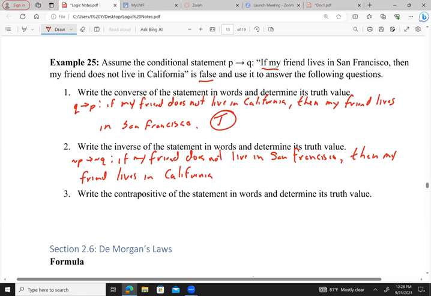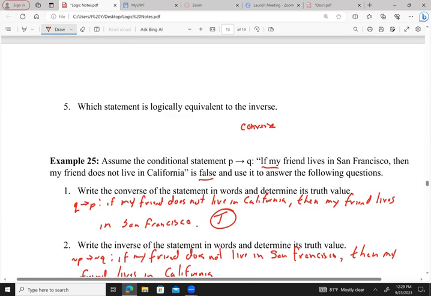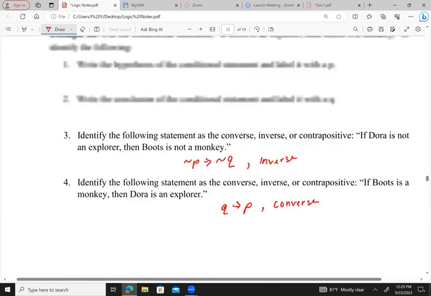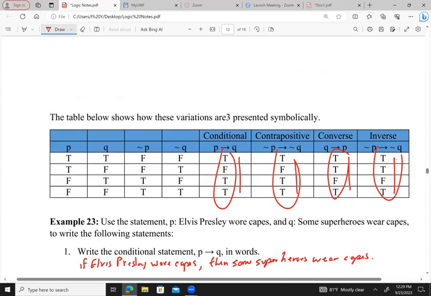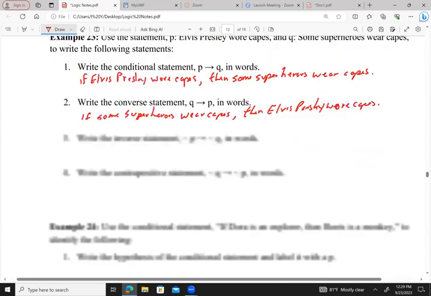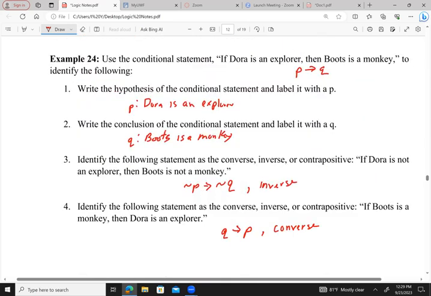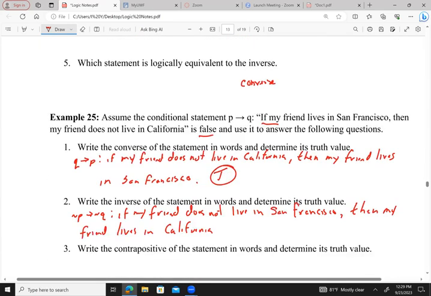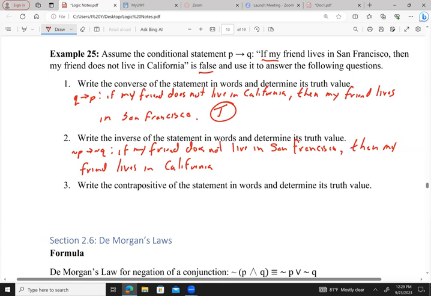So we're looking at not P, then not Q. Did I do these backwards? Inverse is not P, then not Q. Converse is Q, then P. No, that's right.